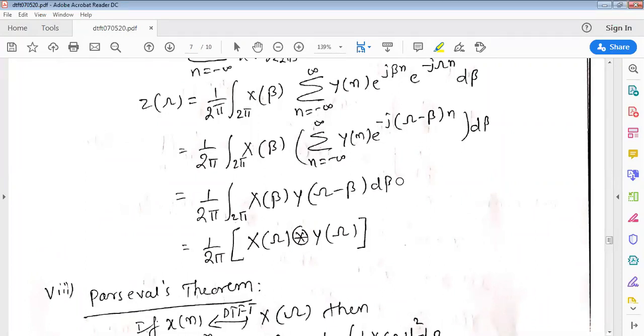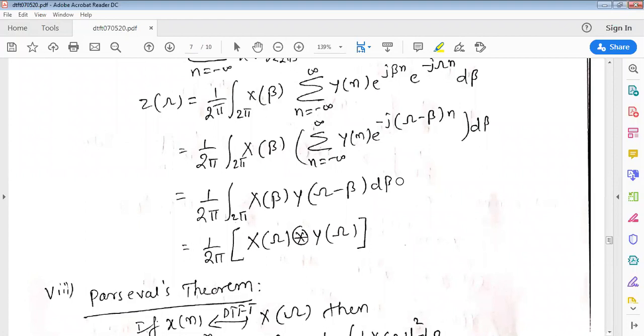Okay. So look here, x of k into h of n minus k, if I tell you, what will you understand? What is x of k? Convolution. Convolution of what with what? x with h, input with system.